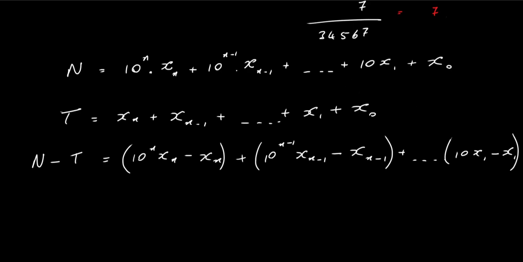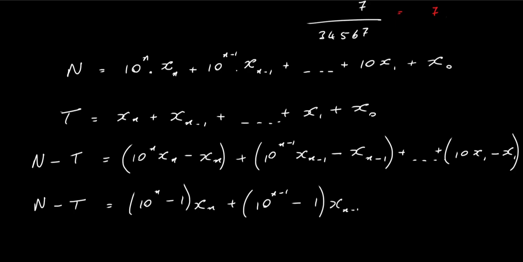I'll get 0 there. So our number minus our test number, I'm going to factorize out the x's. It'll be 10 to the power of n minus 1 xn plus 10 to the power of n minus 1 minus 1 xn minus 1 plus all the way down to 10 minus 1 x1.